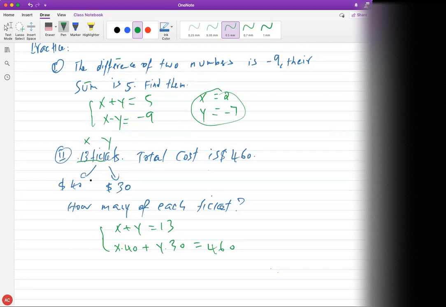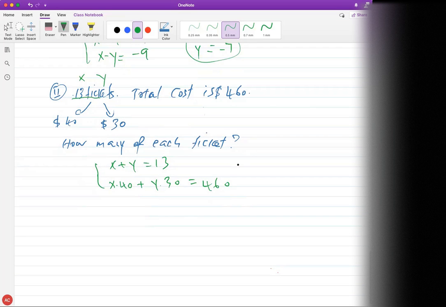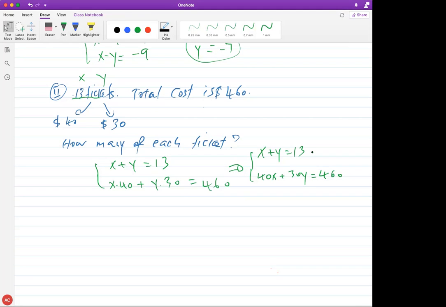Any ideas of what the solution is? If you solve this, I'll give you the answer. So x plus y is 13. This one is 40x plus 30y. Total is 460. And then you basically either use elimination or substitution, like I said.